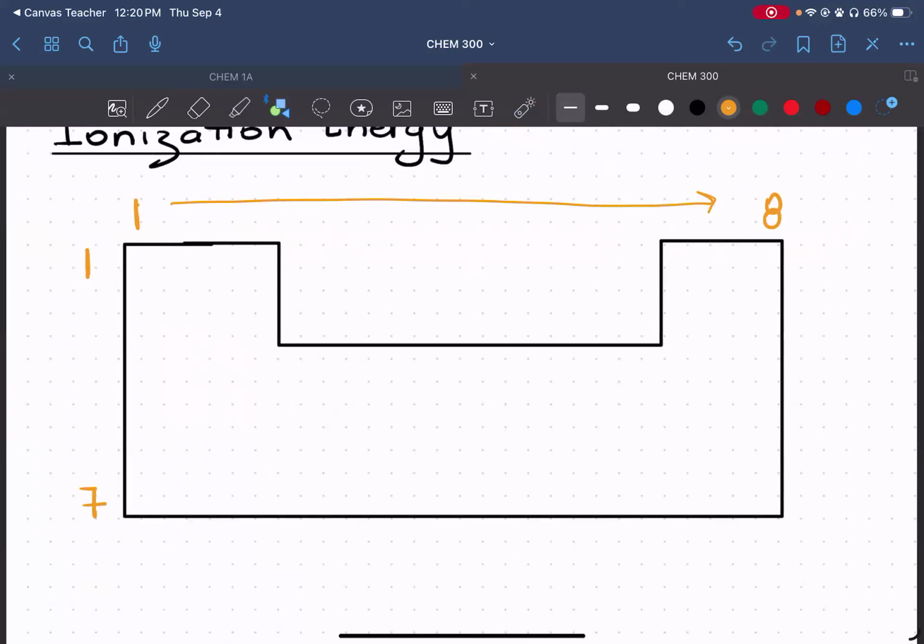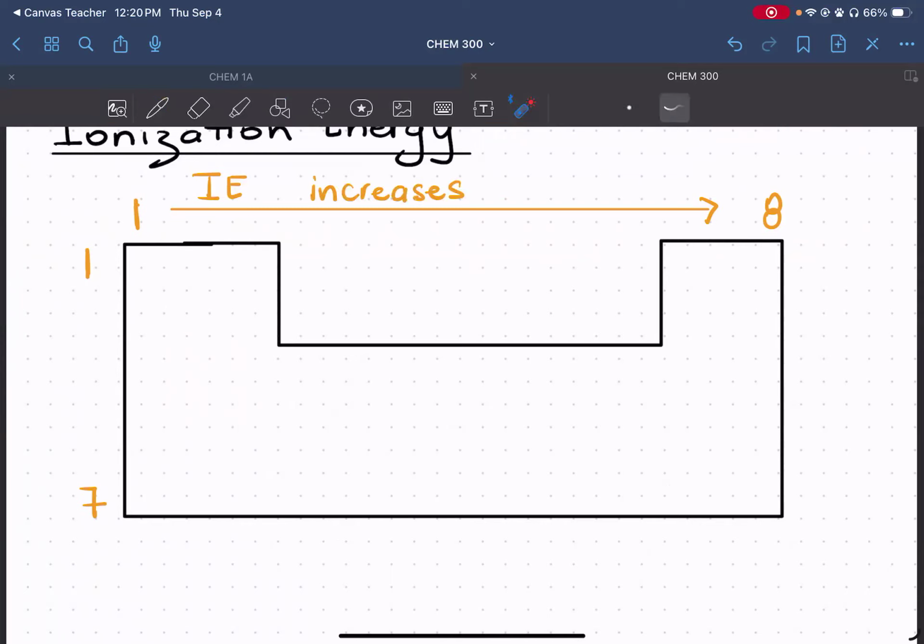The trend is such that ionization energy increases from left to right. Lithium is a good example to remind ourselves it doesn't take that much energy to lose the electron, versus something over here like fluorine, which really doesn't want to lose an electron.